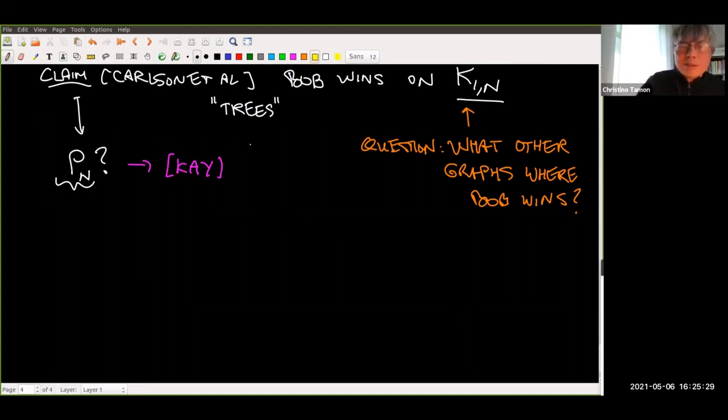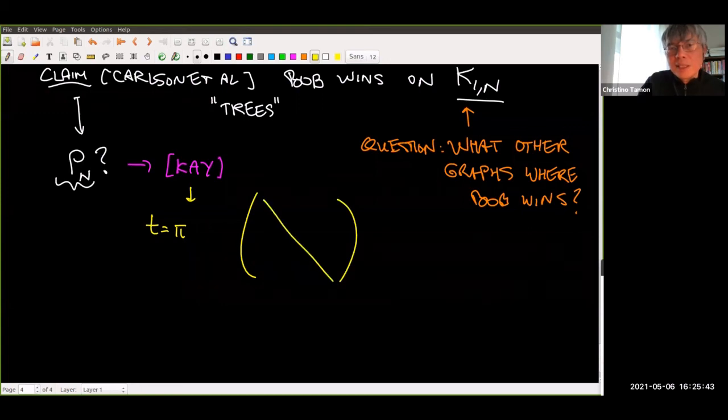So good point. If you look at Kay's paper, I can give a reference to this. What Alistair did was he fixed time, actually. He fixed time to be pi, and what he's trying to do is rig his tridiagonal matrix with carefully chosen eigenvalues and eigenvectors, so that this happens.